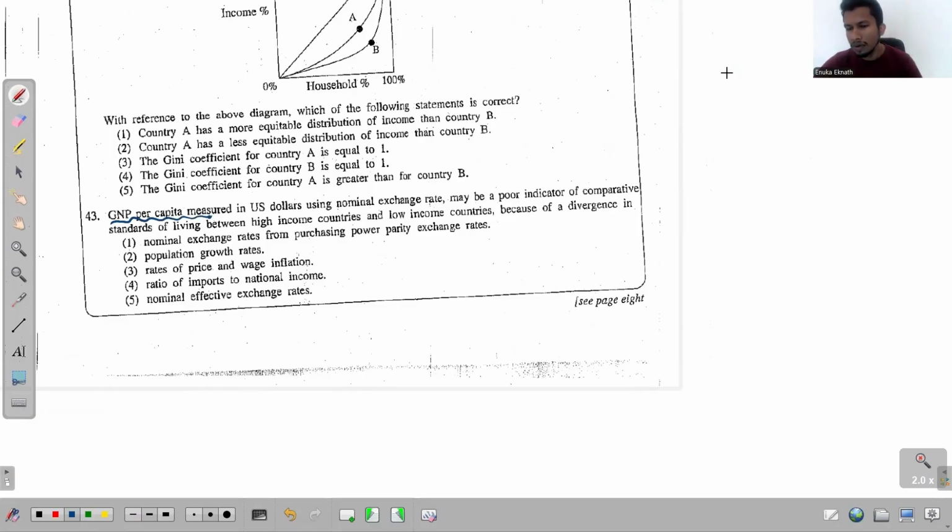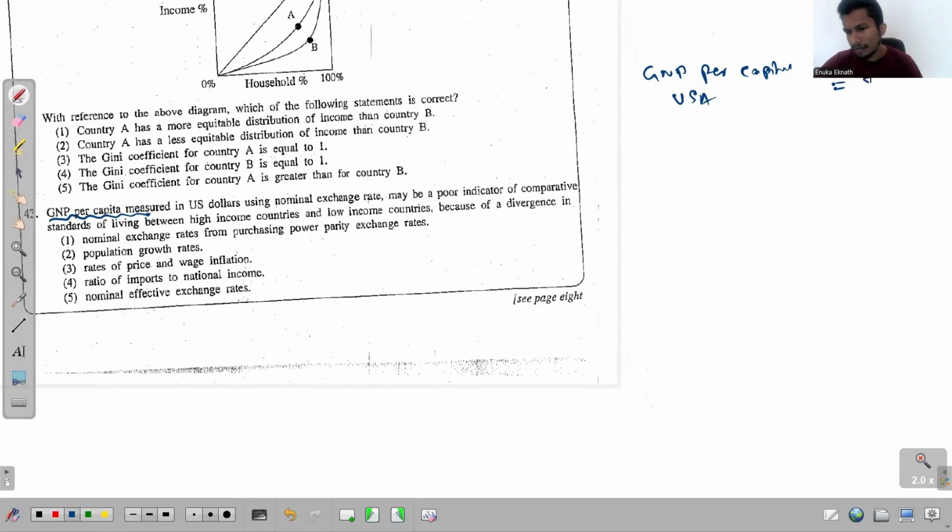Let's just imagine that in USA, GNP per capita is $5,000. Let's assume that to be just 5,000.